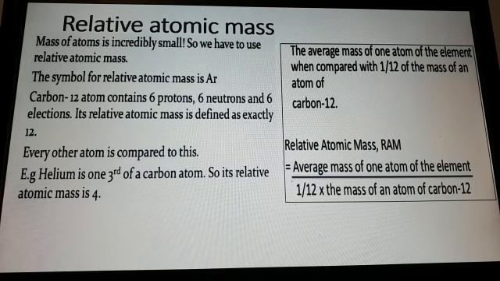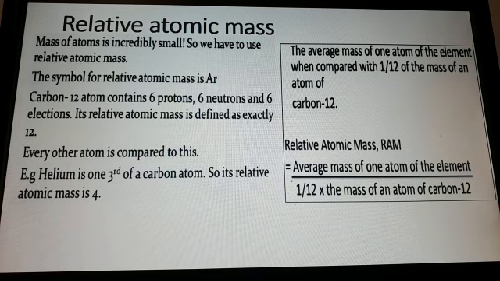But the electron is negligible, 1.9 into 10 to the power minus 31. These 3 very tiny particles combine together to form atoms. So the mass of the atom is incredibly small, so we have to use the relative atomic mass.